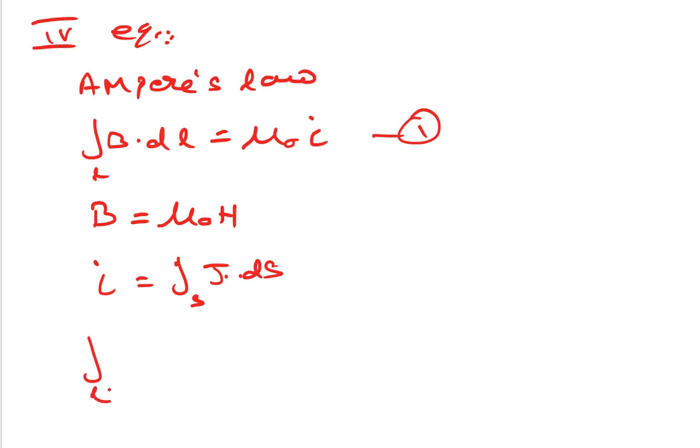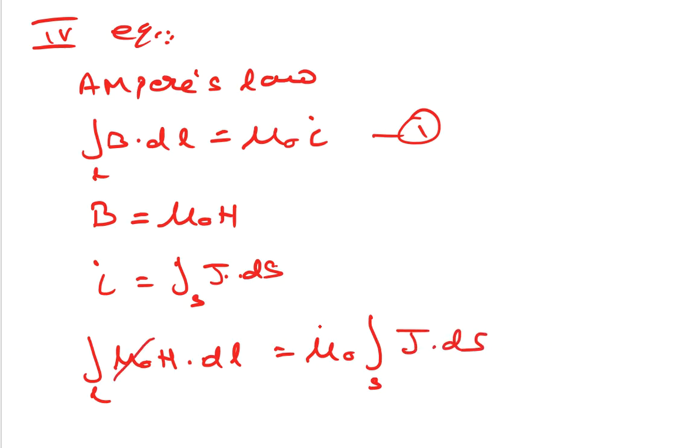So a line integral of mu naught H into dl equal to mu naught, instead of I, a surface integral of J dot ds. In this, we can cancel mu naught.